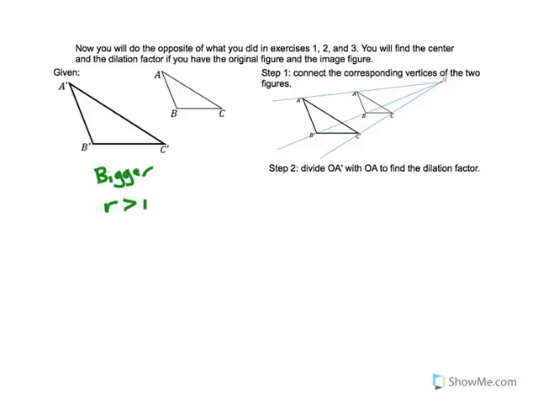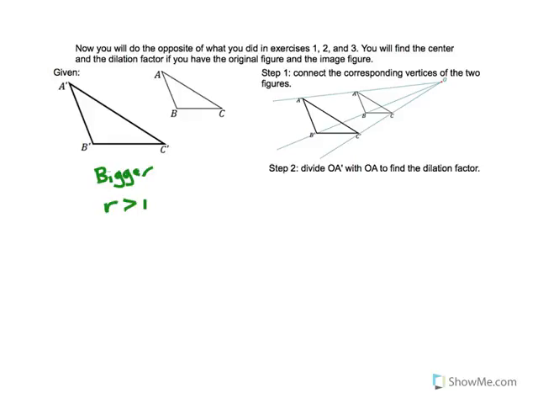So here it says step 1, connect the corresponding vertices of the 2 figures. This is just the same thing we did before. We're going to connect them off to some center point out here named O. And now we have to divide the distance from the center to the image vertex by the distance from the center to the original. So look at this one up here, right?